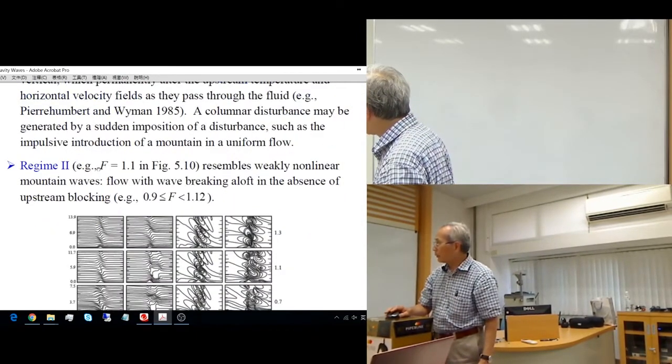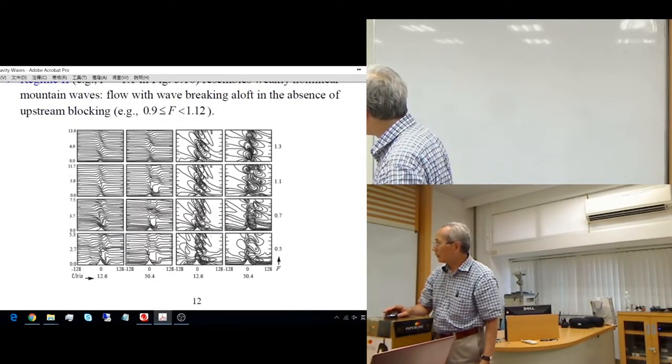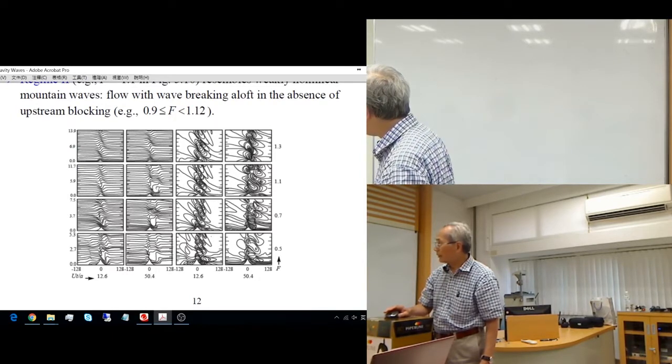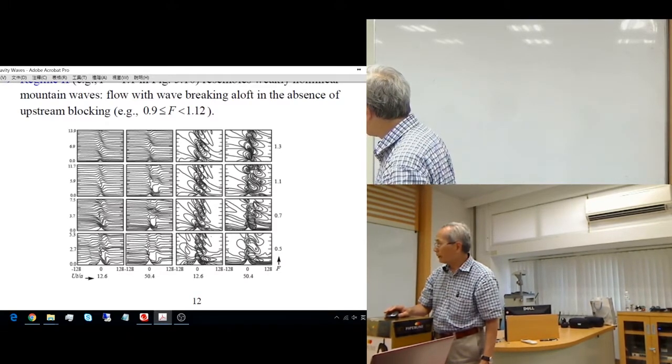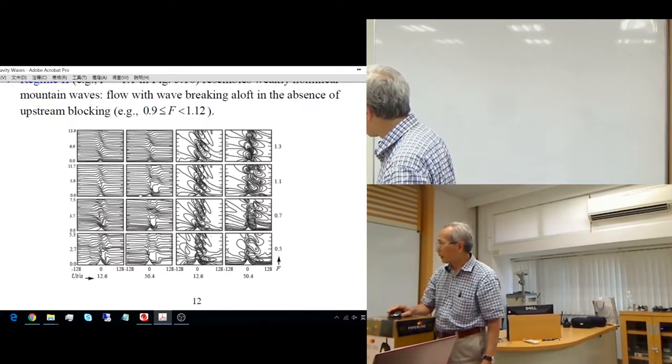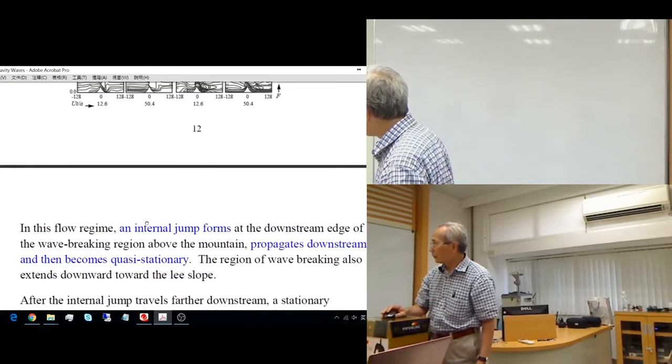And then regime 2. Here we have a hydraulic jump developed, with breaking, and also the breaking here and overturning here, and that's regime 2.